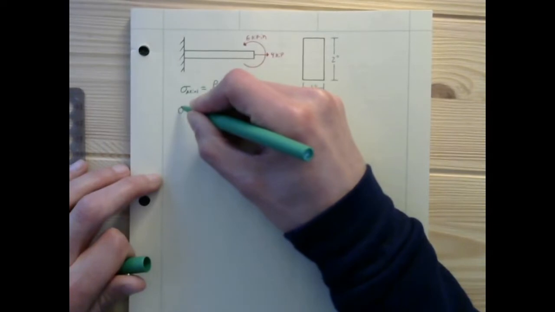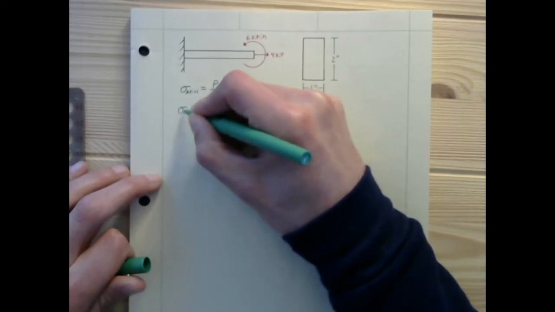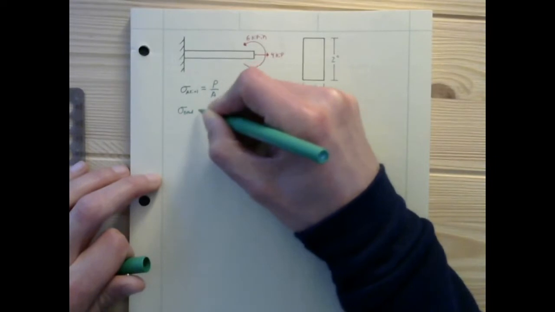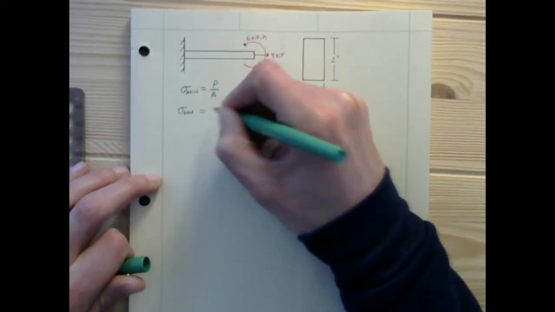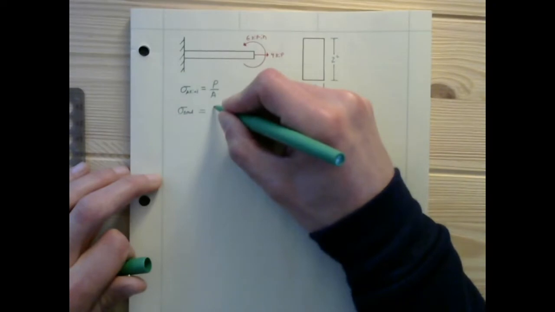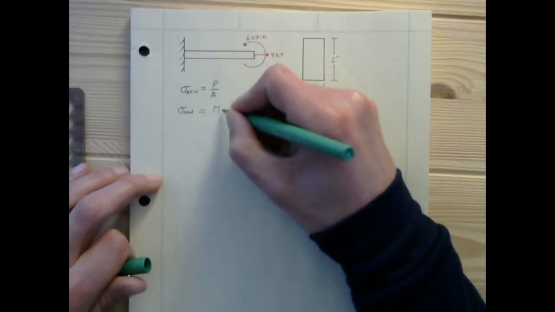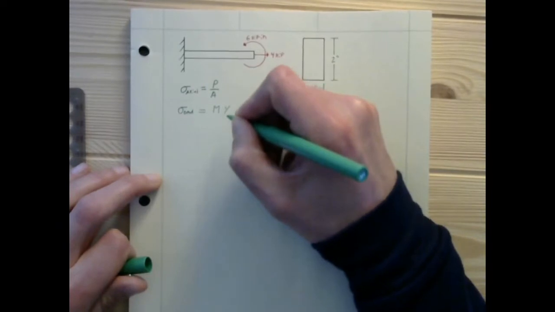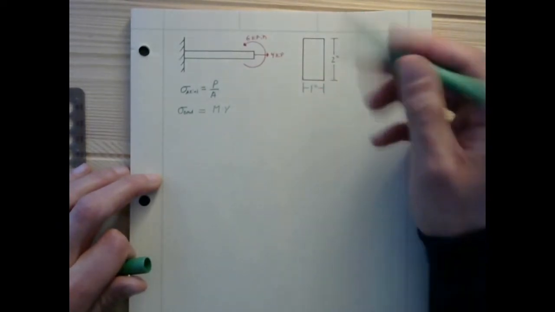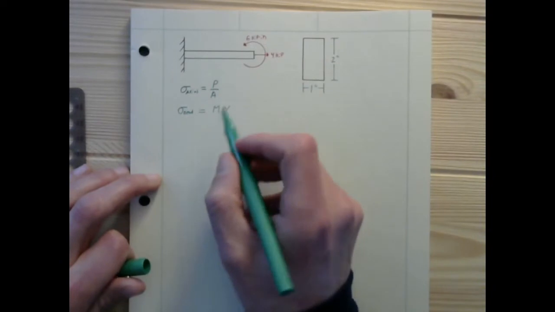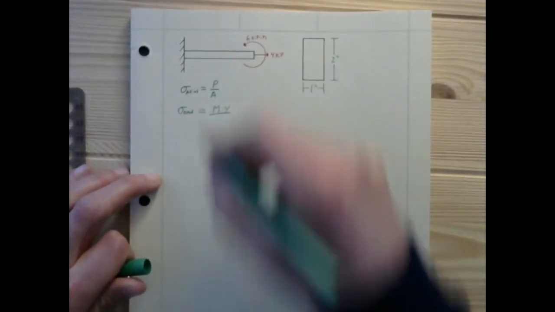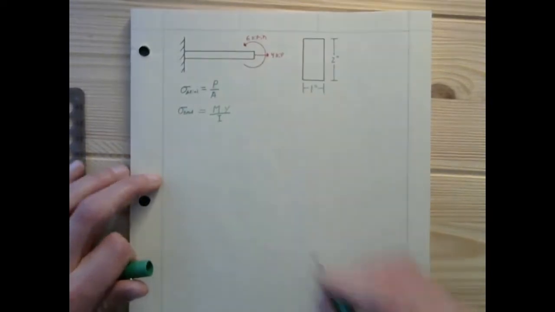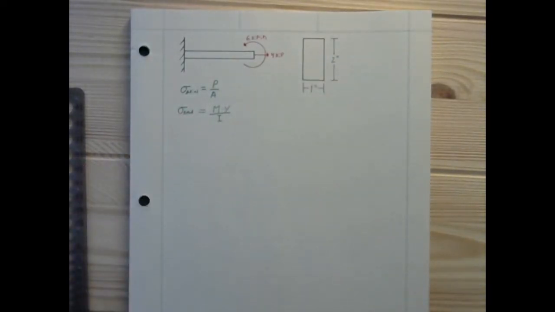And the normal stress for the bending moment, sigma bend, is going to be equal to the moment that's applied times the distance of the point being considered from the neutral axis, divided by the second moment of inertia. And the stress distribution for this beam under this loading is going to be simply the sum of these two things.